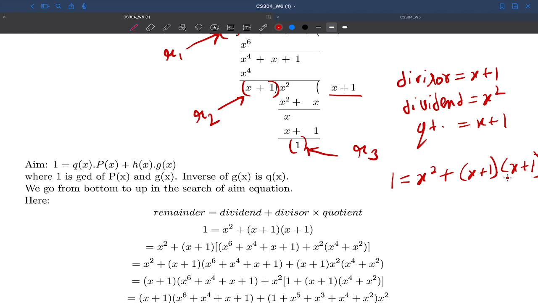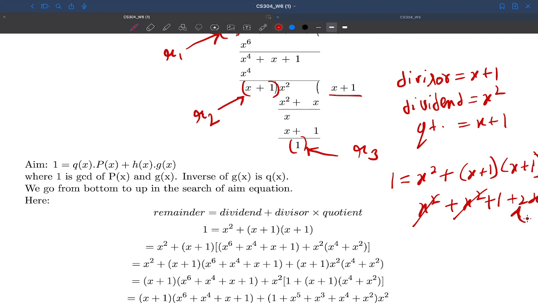Is it true? You can verify. Let's try to open the right hand side. I get x square, then if I open this I'll get x square plus 1 plus 2x. This x square will get cancelled with x square, because under modulo we will get 2x square, and 2 is nothing but after modulo it will vanish.